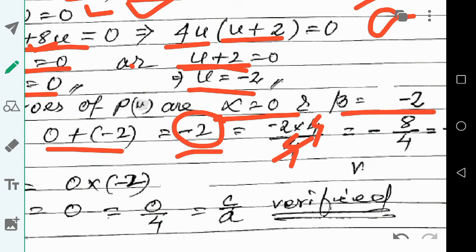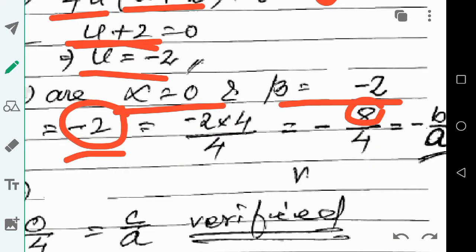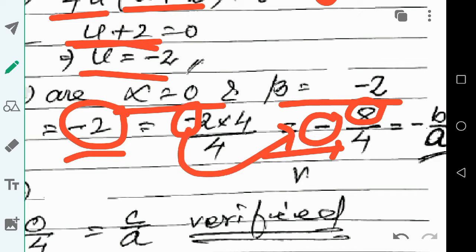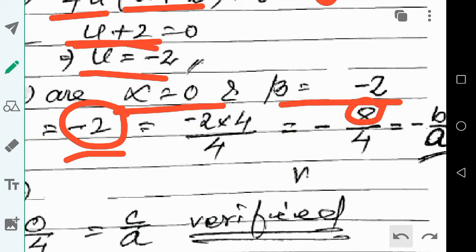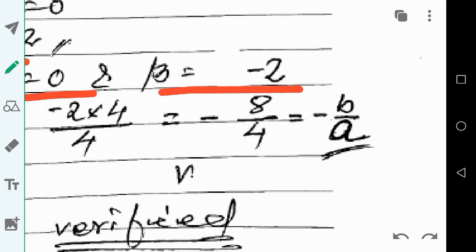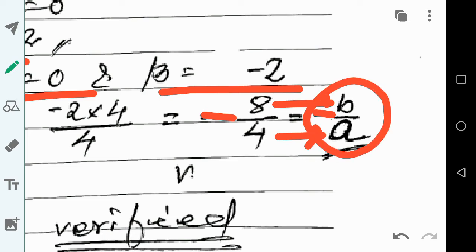When you cancel 4 and 4, you again get minus 2, isn't it? Why have we done this? Because we need to obtain 8 here. 2 fours are 8, and here it is 4, and this minus is this one. Now from here we replace the 8 by b and 4 by a. This minus is here, so we have got minus b by a.